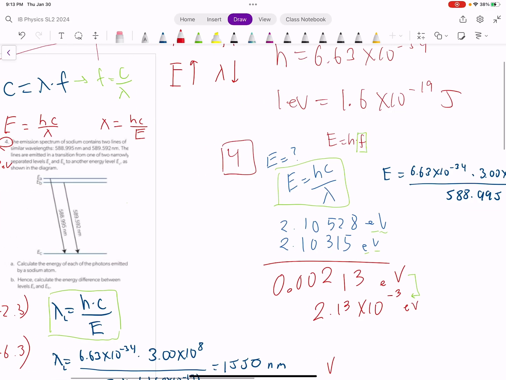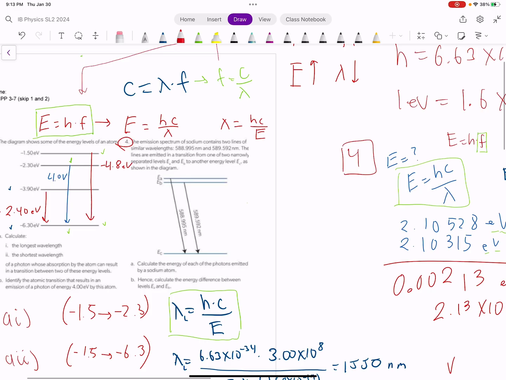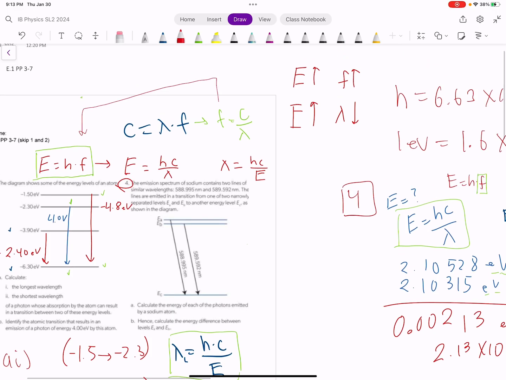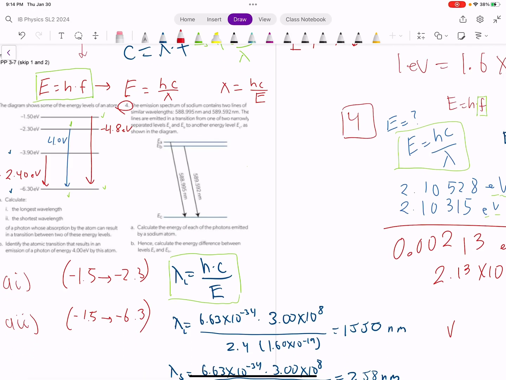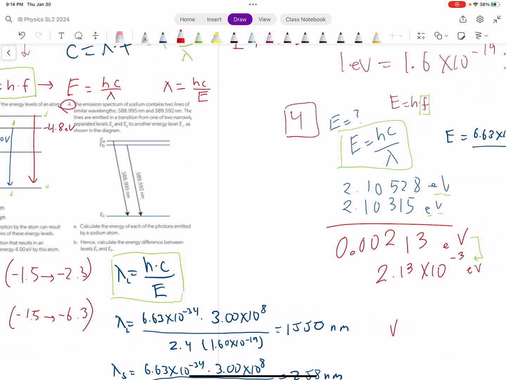Okay. All right. So something to reiterate here is that if the energy increases, the frequency increases. If the energy increases, the wavelength decreases. So it makes sense that the longer wavelength represented here has more energy... I got this backwards.